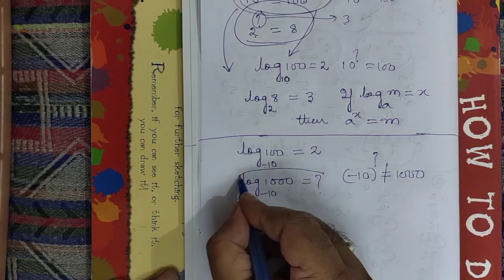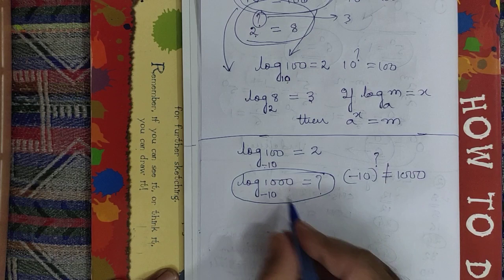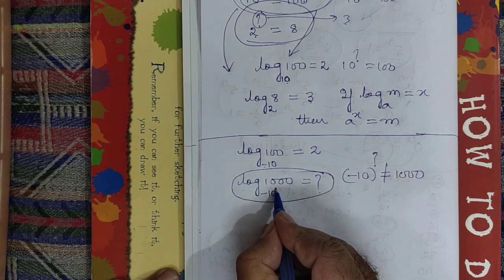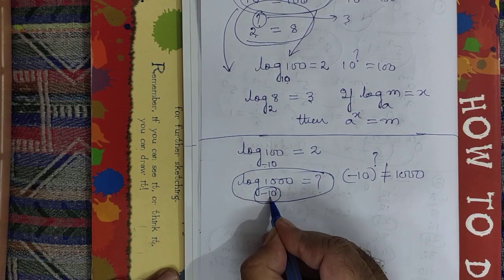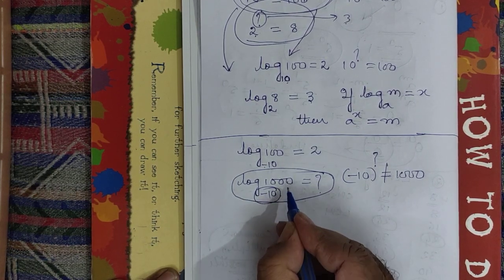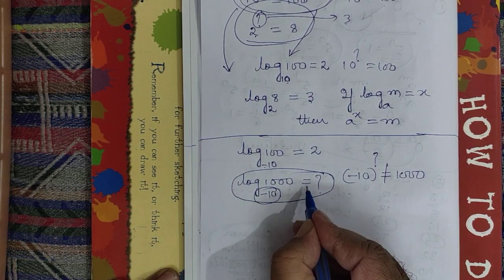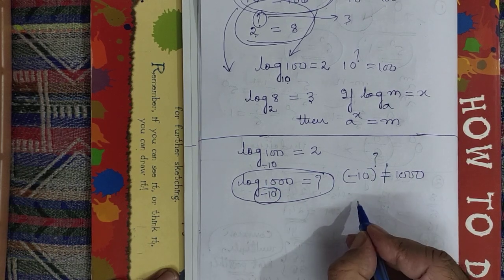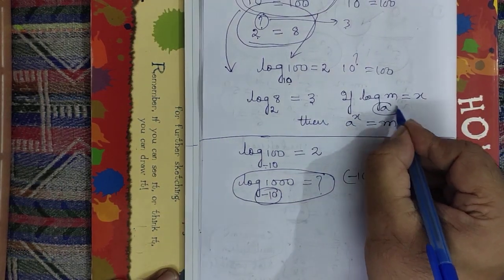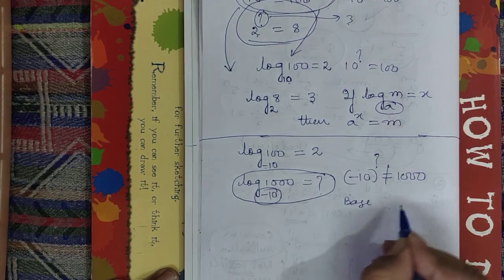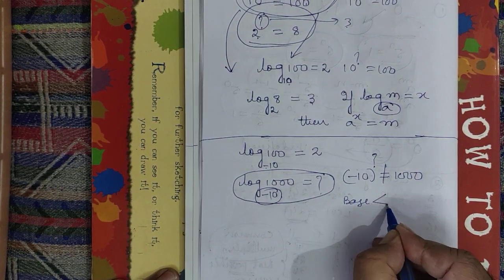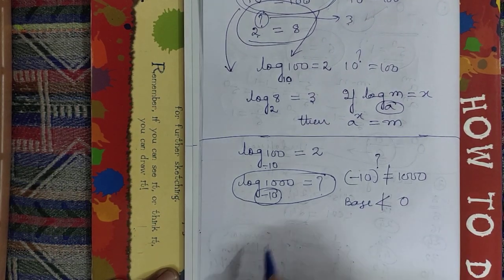Hence, you cannot have a value here. So, if the base with respect to which you are taking the logarithm is negative, getting the value of the log may not always be possible. So, this quantity cannot be negative. The base under which you are taking the logarithm can never be less than 0. First point.